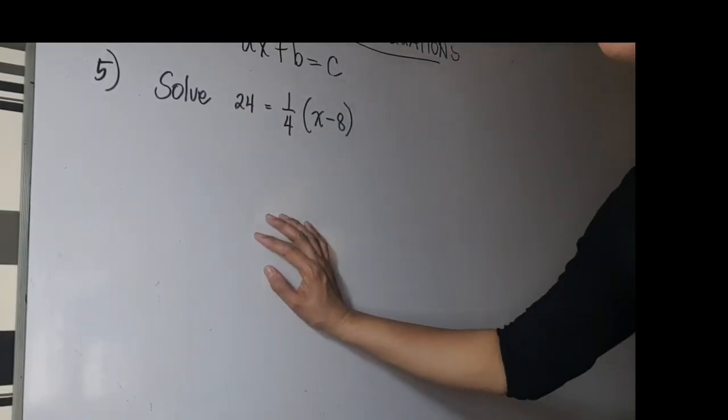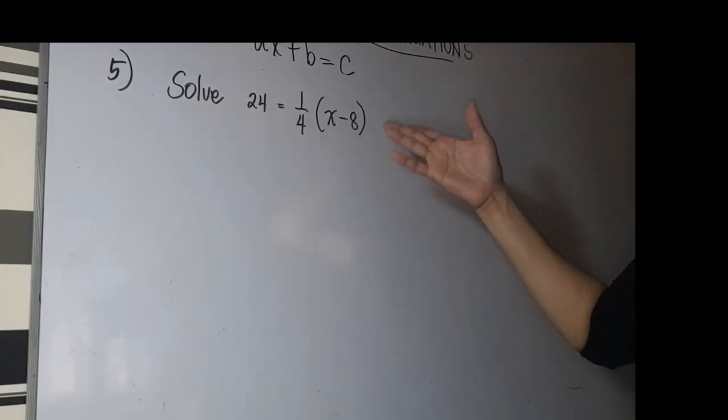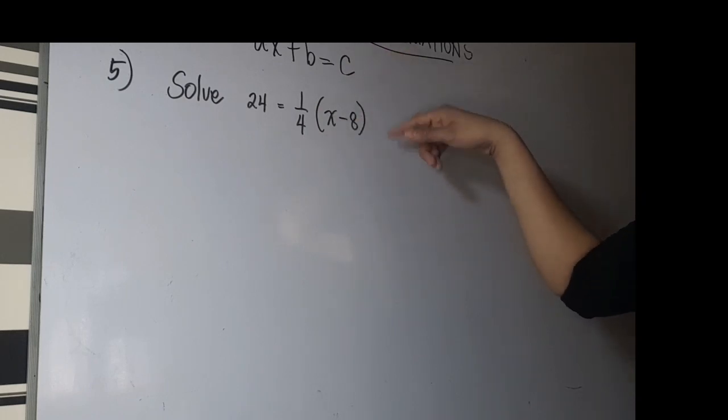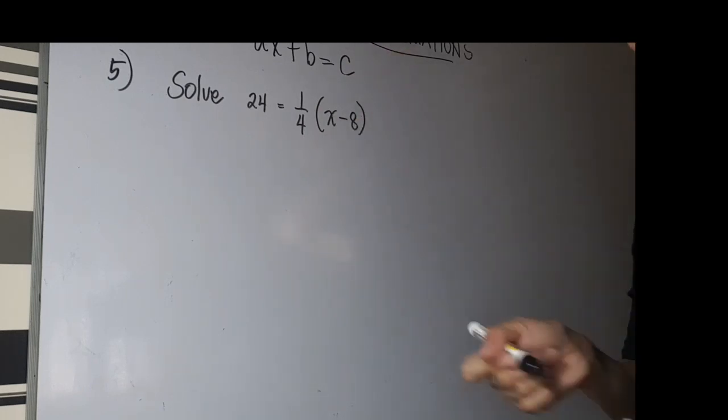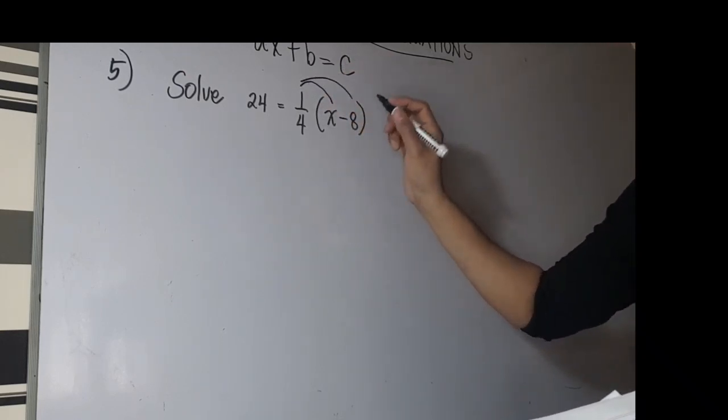Number 5, we have to solve 24 equals 1/4 times the quantity x minus 8. Maybe the right side needs to be simplified. To simplify, of course, we're going to distribute.